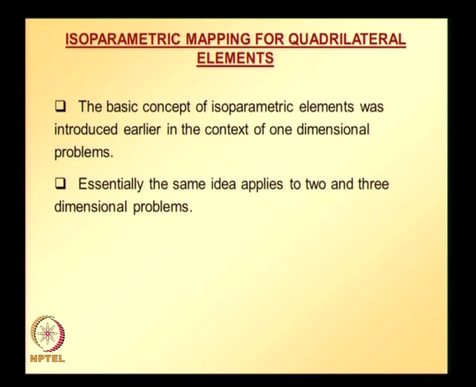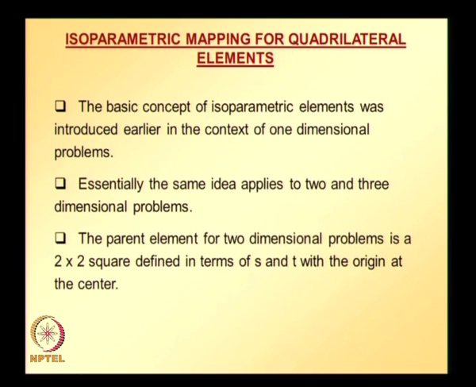Essentially the same idea applies to 2 and 3 dimensional problems. Only thing is, the parent element for a 2 dimensional problem is a 2 by 2 square defined in terms of s and t with origin at the center and s going from minus 1 to 1, t going from minus 1 to 1.